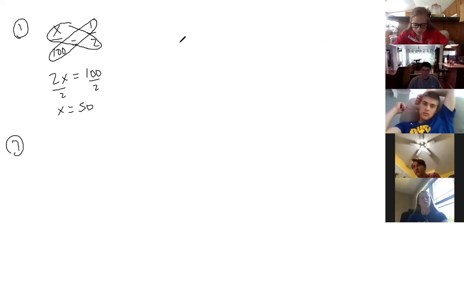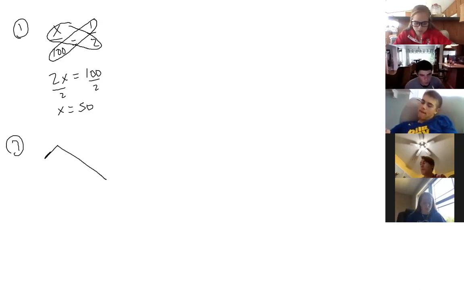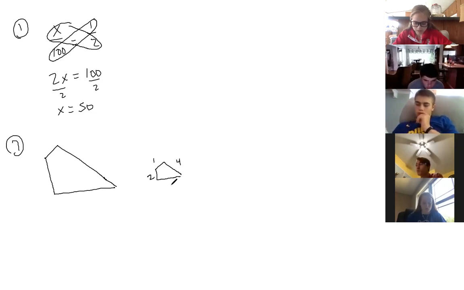All right, number 7. Now we want to find the ratio of the lengths in the right figure to those in the left. So we've got a weird looking figure here. It looks something like this, and we've got all these side lengths.